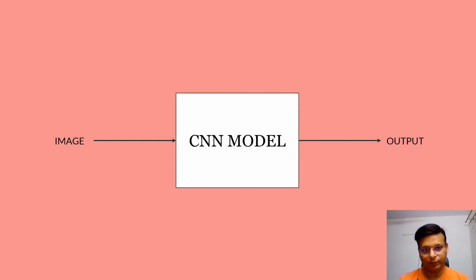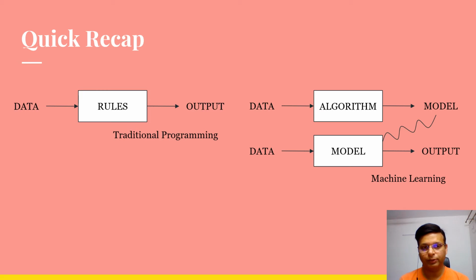Now, how does it work? First, let's do a quick recap of what is machine learning and how it differs from traditional programming. In traditional programming, we throw data into a set of predefined rules and we get an output. In machine learning, we throw a bunch of training data at an algorithm to get a trained model.